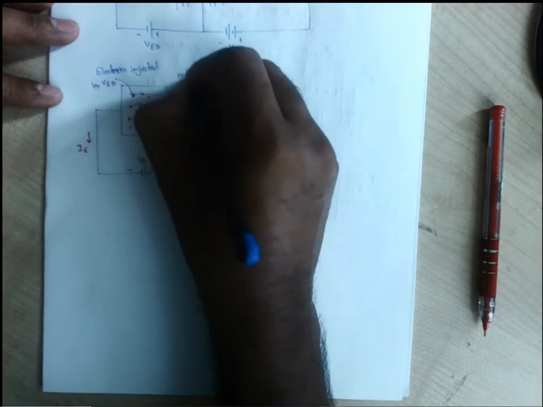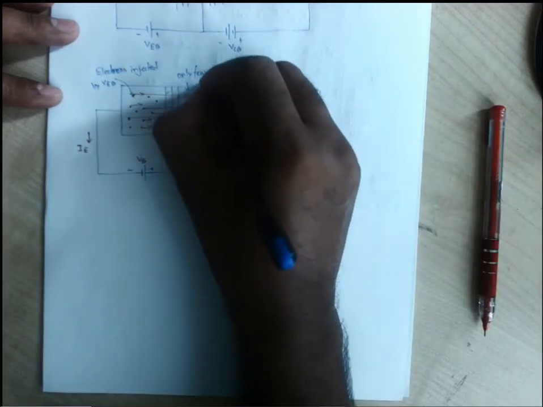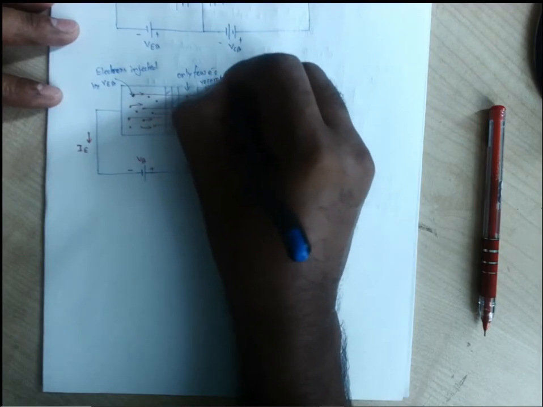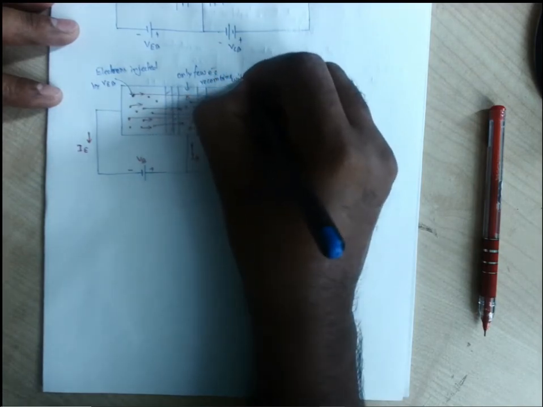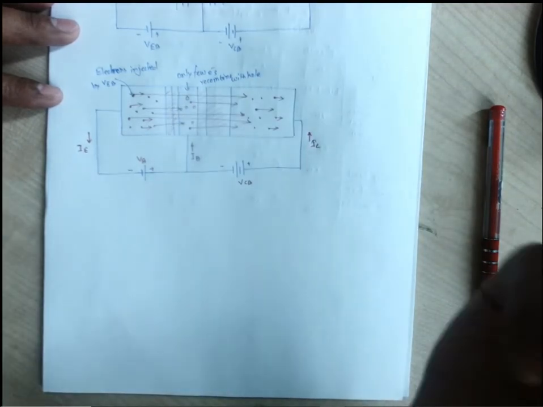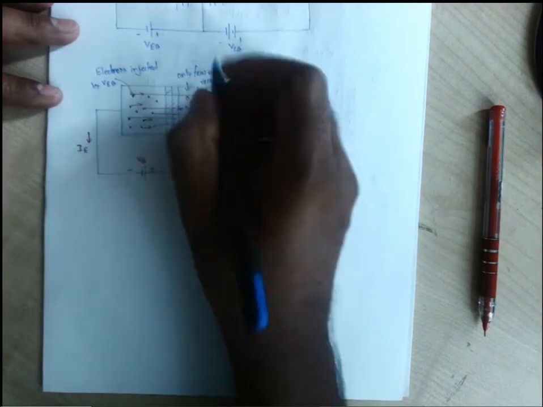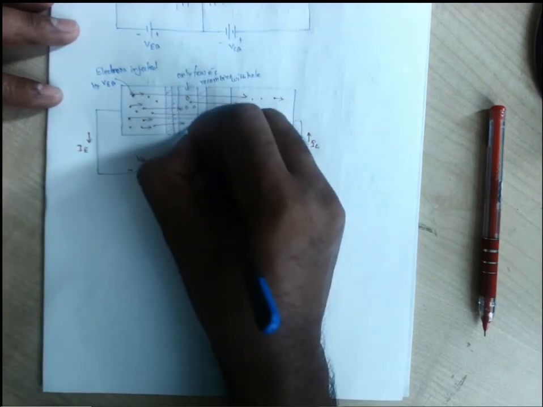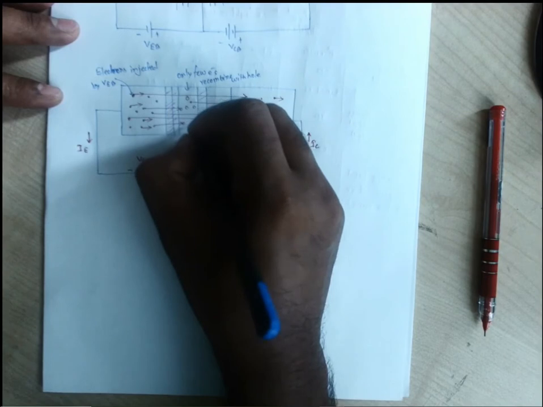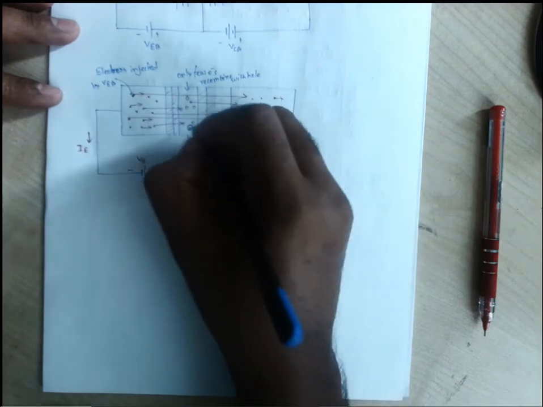So only a few electrons recombine with holes in the base region, as it has only a few holes. So let us consider this is the condition for the recombination.